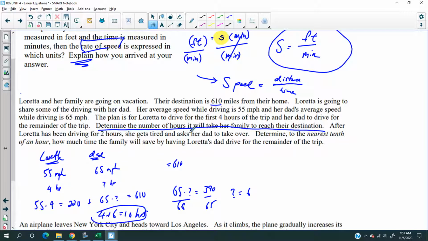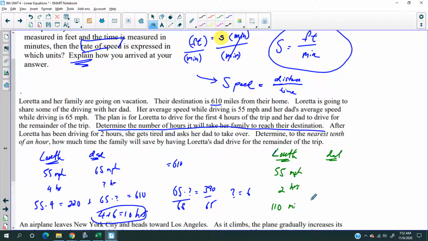Now, if Loretta has been driving for 2 hours, let me reset this up using a different color. So Loretta, and her dad. If Loretta drives 55 miles per hour for 2 hours, that's 110 miles.